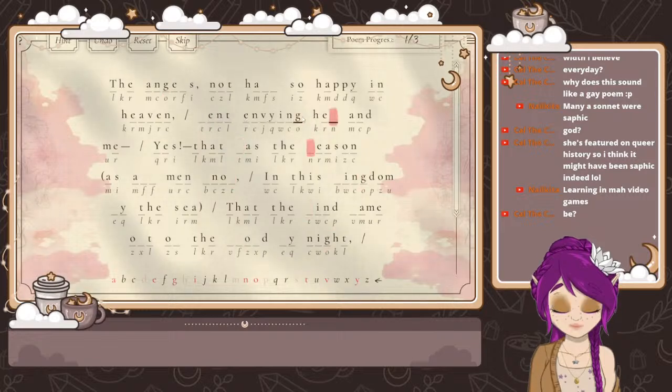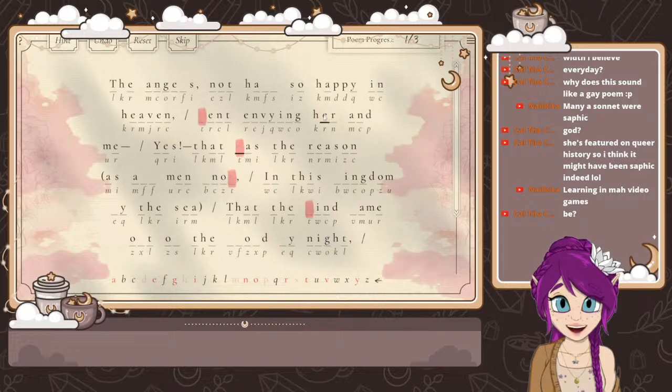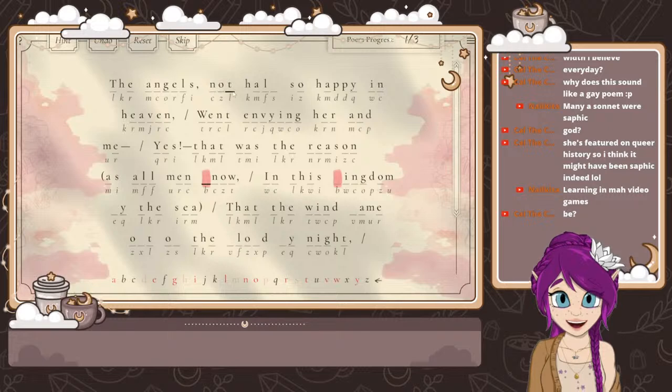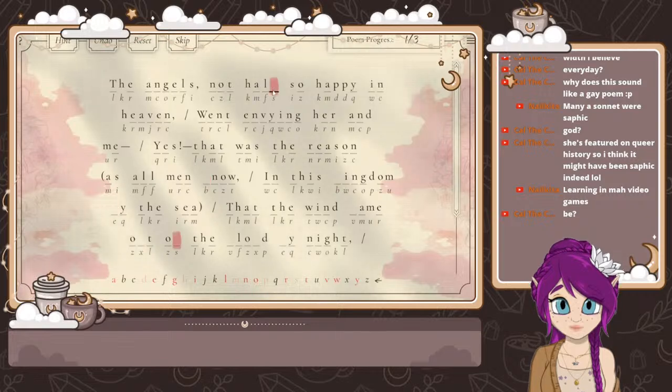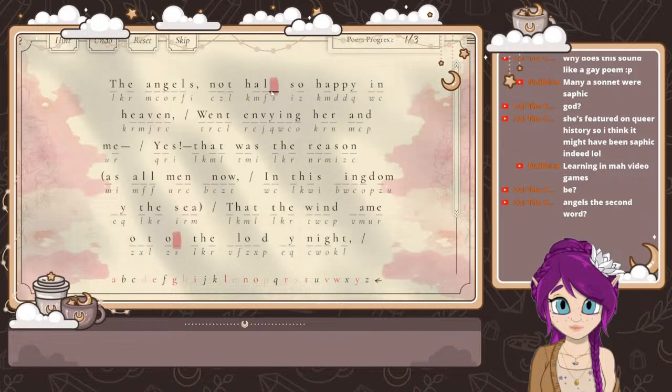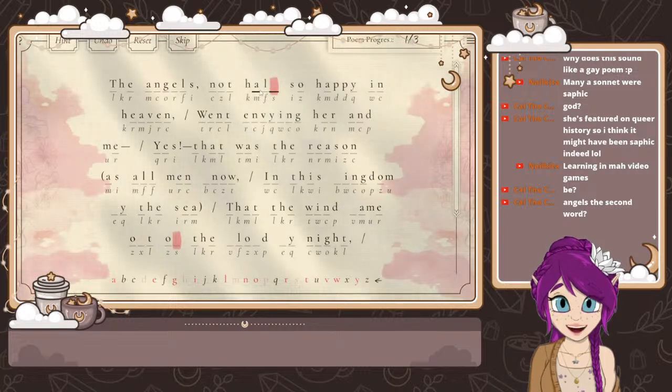Envying her? Something envying her and me. Yes, that was the angels, not how, not half so happy in heaven.